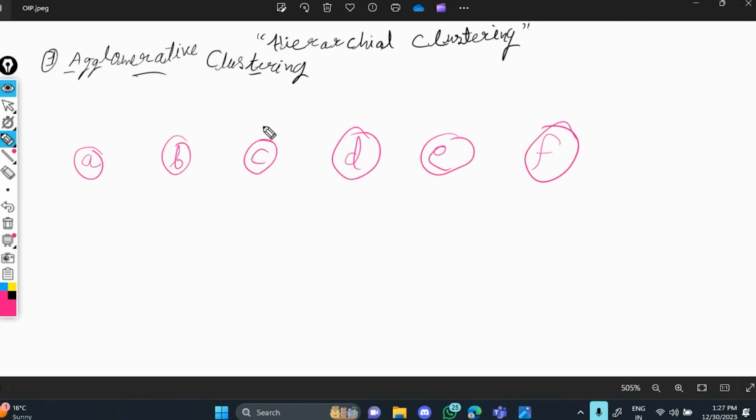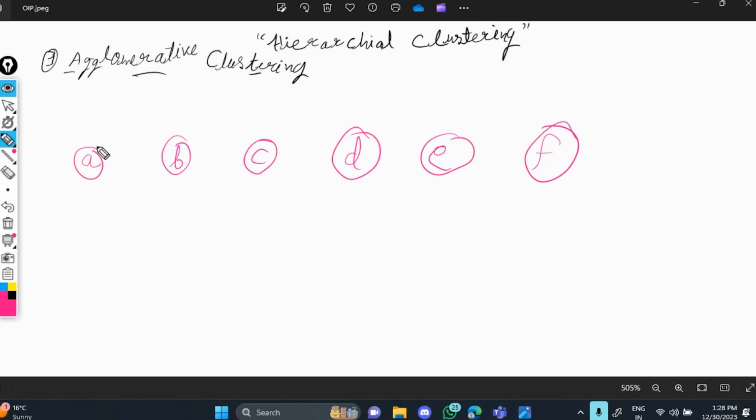Okay, so let's assume that we have some records A, B, C, D, E, F. So we have 6 records now. And how do we do the agglomerative clustering? Now we look at the distance between these records.